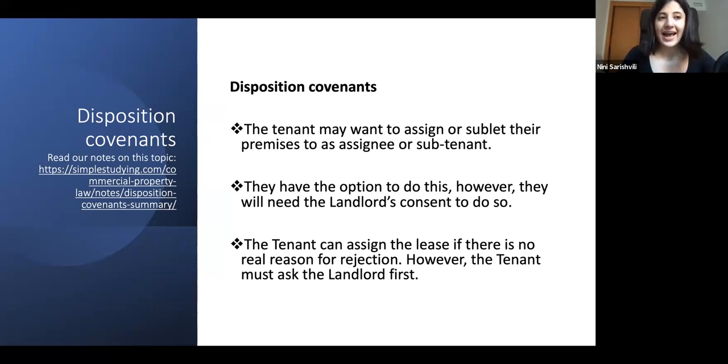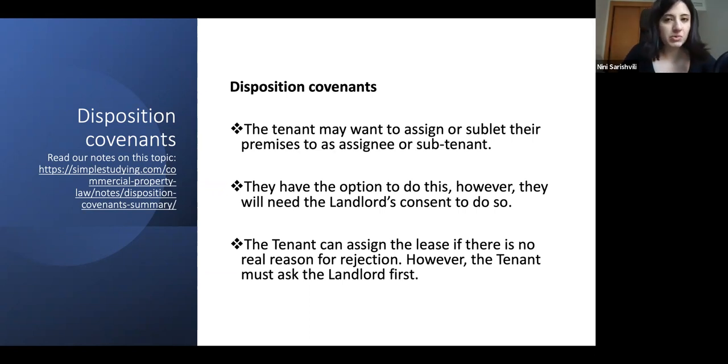The tenant has to ask for permission and they can be rejected. So it's not guaranteed that they will get this option to sublease, subassign. And the most important thing in this case is to get the permission according to the law.